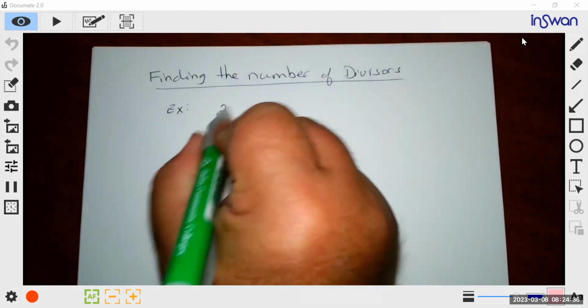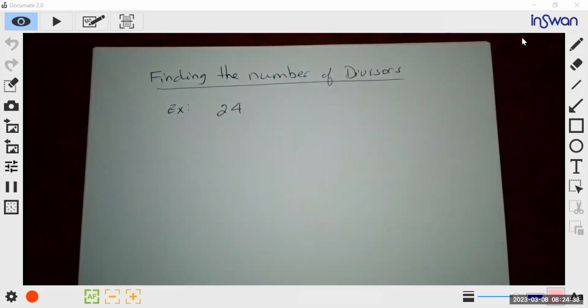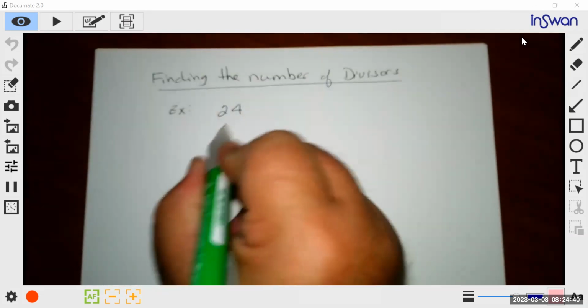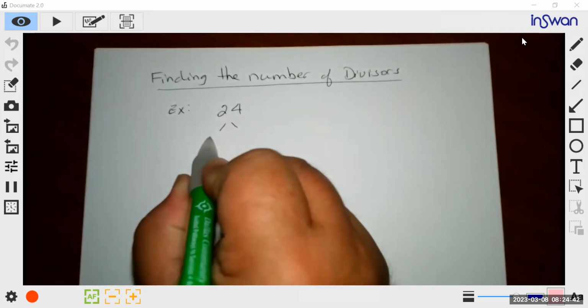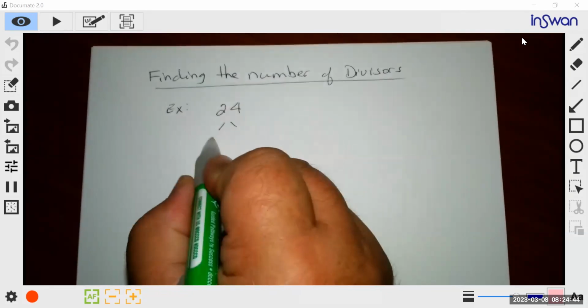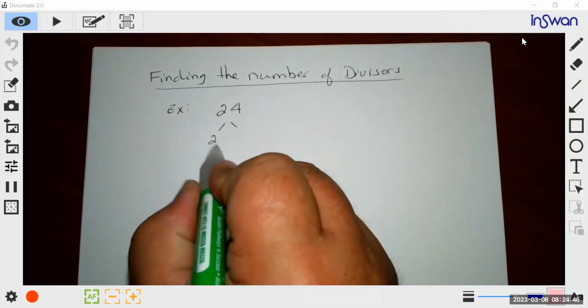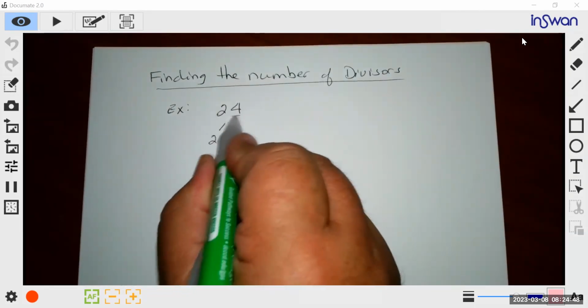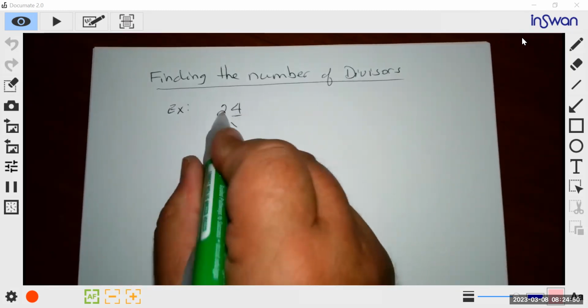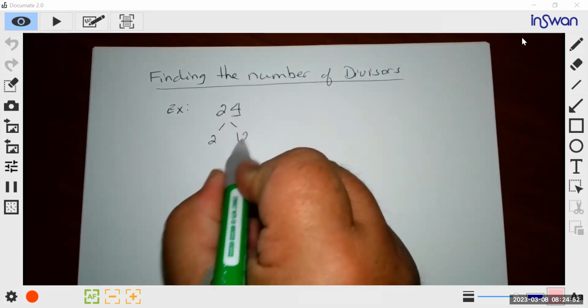Example, let's start with number 24. What's 24 made up of? It's an even number, so we know 2 goes in there. Because the last number is 4, 2 goes into 4. 2 goes into 2 once, 2 goes into 4 twice.